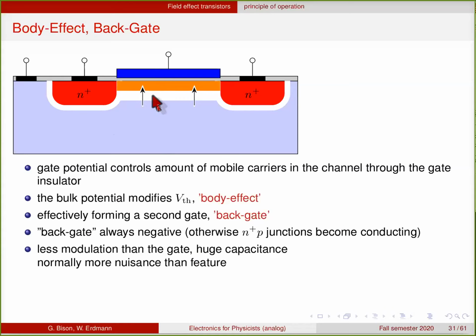But here you have this depletion region between, so the capacitance is much smaller. So the modulation from the back gate is much smaller than the modulation from the front gate. In most cases, this is not used to modulate because it is less effective, and it also brings a huge capacitance. So you cannot really use this terminal as a second gate to your transistor. So in most cases it's more a nuisance than it really is a feature.